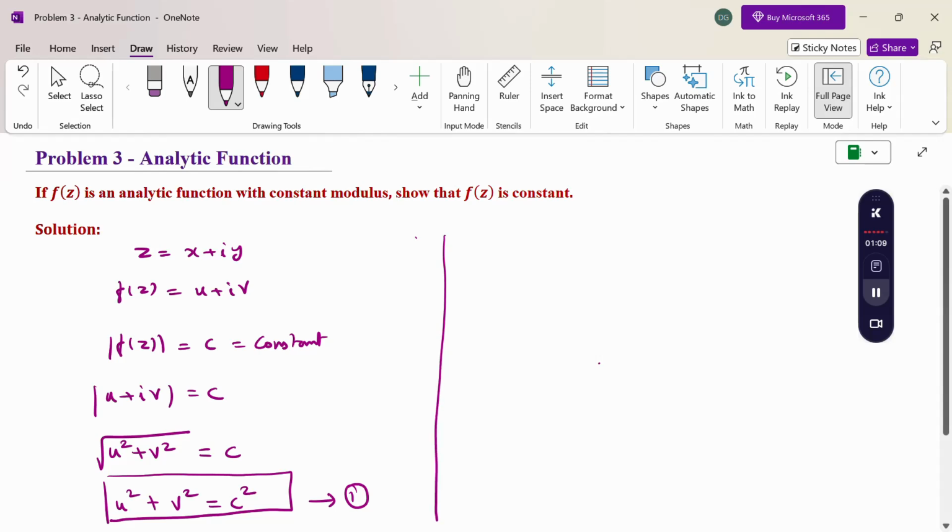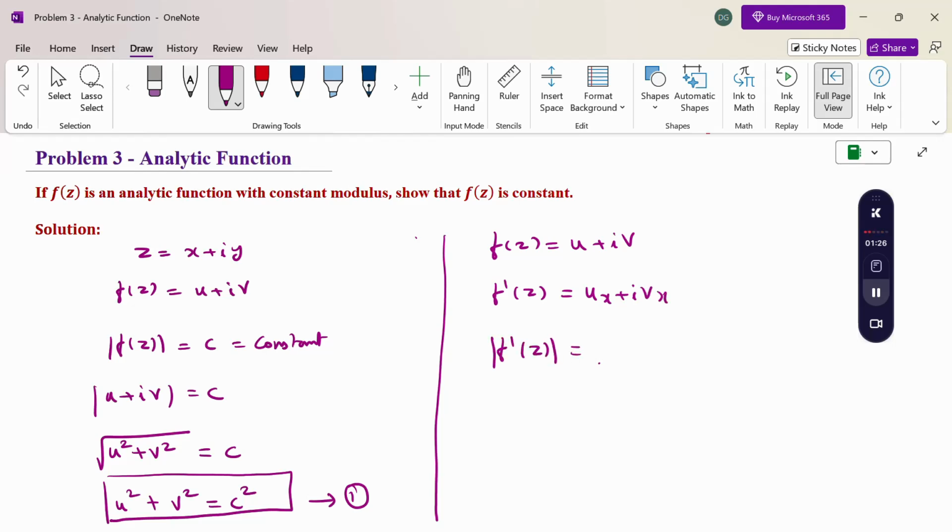Suppose f of z equals u plus iv. The derivative f dash of z is ux plus ivx, and taking the modulus, modulus of f dash of z equals modulus of ux plus ivx.